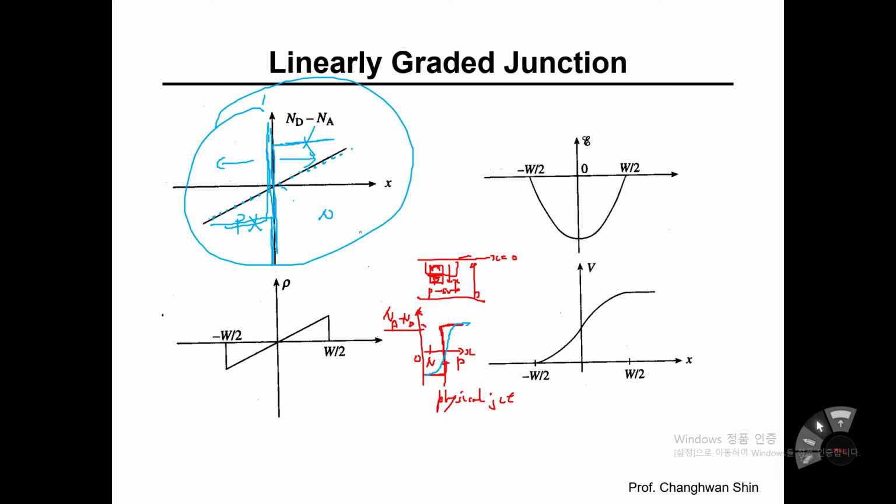But as of today, you don't need to worry too much about it. Process engineers have made it possible to make the step-like doping profile in the PN diode. So all the material discussed about the linearly graded PN junction can be dumped into the waste box. You don't need to study it anymore.